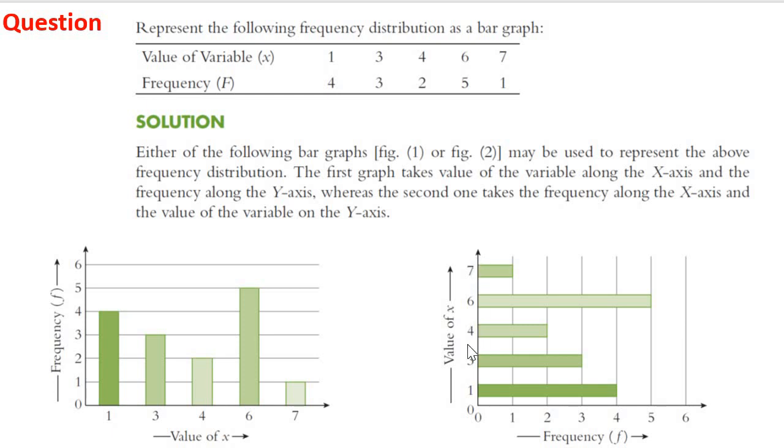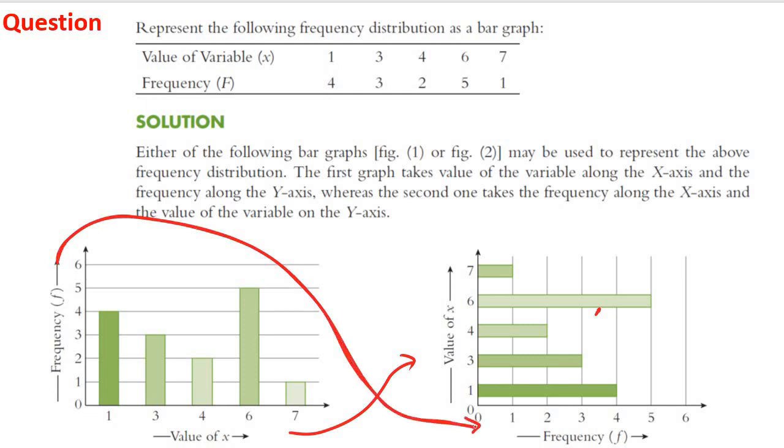Now you can also draw this graph in this way. Notice carefully, you see this x-axis is over here and the y-axis has gone below. Other than that it is the same, but remember the lines will be on the frequency.